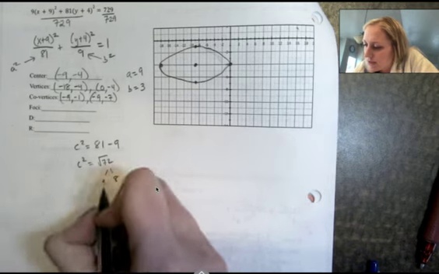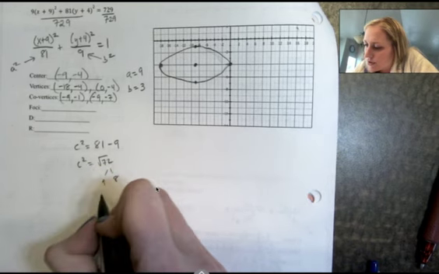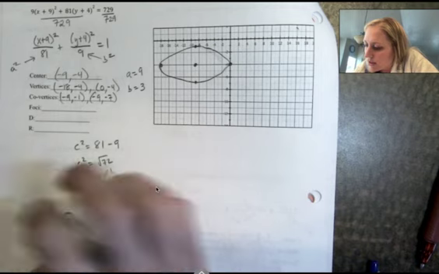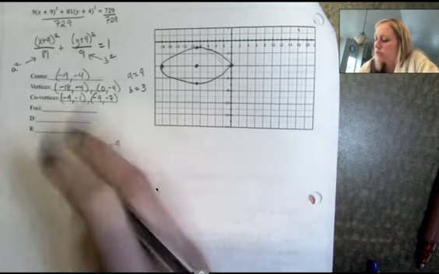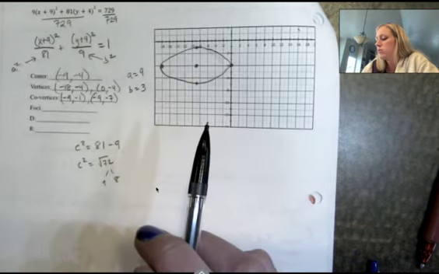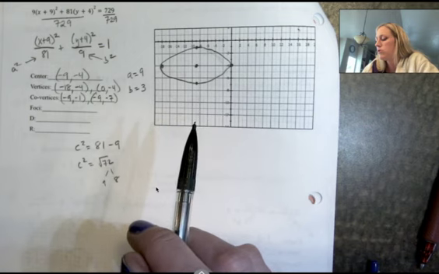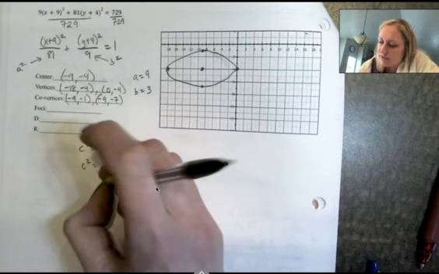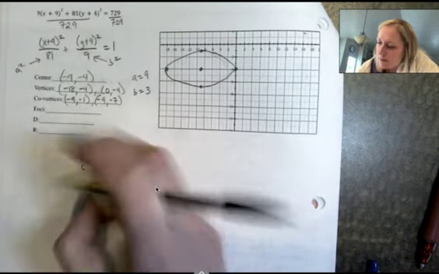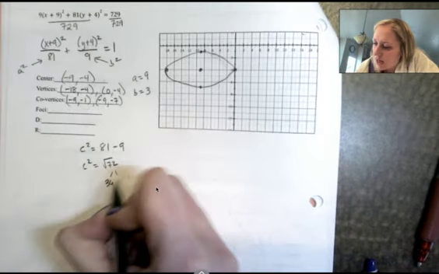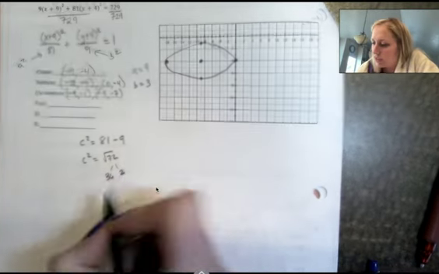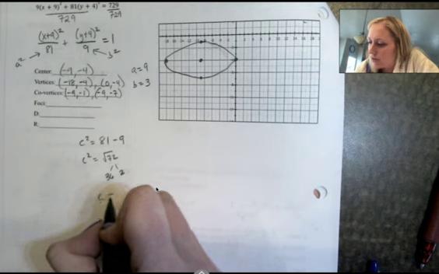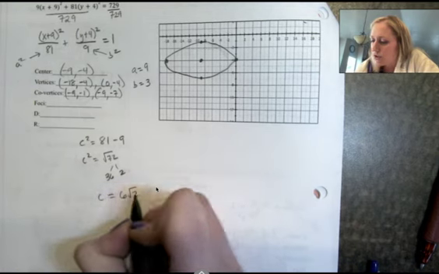So square root of 9 is 3. Sorry, this isn't good enough. Yeah, this is the same as 36. I can go bigger. 36 times 2, so square root of 36 is 6, so C equals 6 root 2.